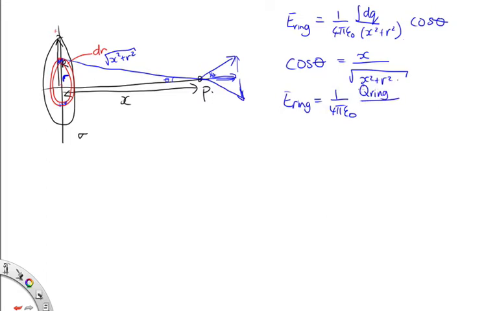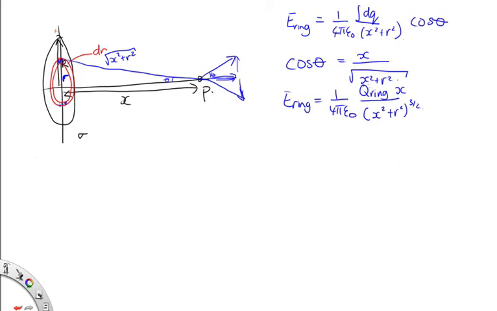In a minute we'll find out what that actually is. Over x squared plus r squared times the square root of x squared plus r squared. So that's x squared plus r squared to the 3 over 2, times x. So that's our electric field due to the ring, and that will be going along the x direction, so away from the disk along the x direction.